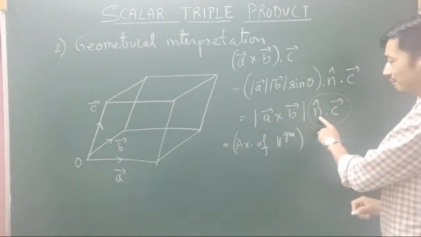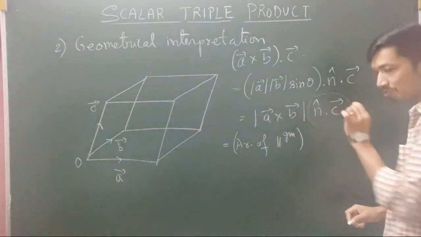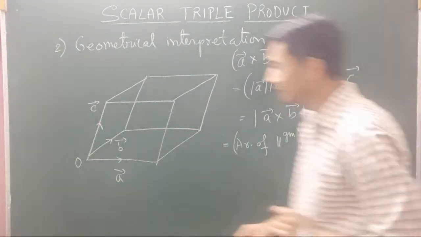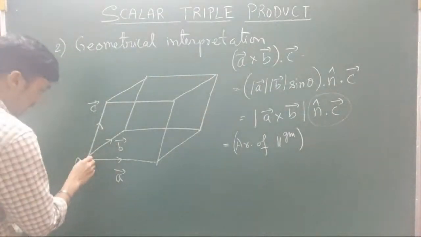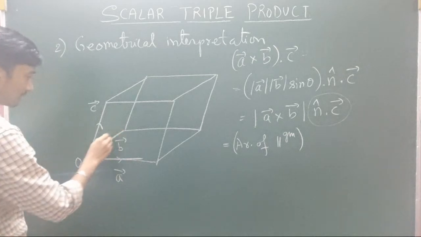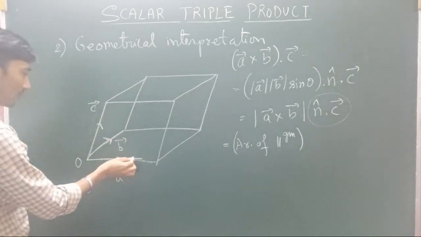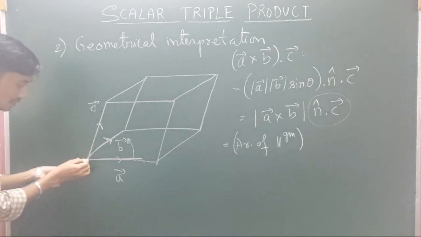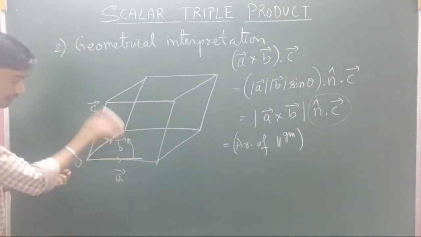What is n cap? N cap is the vector that is perpendicular to each one of vector A and vector B. So if we assume this to be the vector A, vector B, then by Fleming's left-hand rule, right-hand thumb rule, all we have seen, if you go for A cross B, then the resultant will be outwards, basically anti-clockwise.